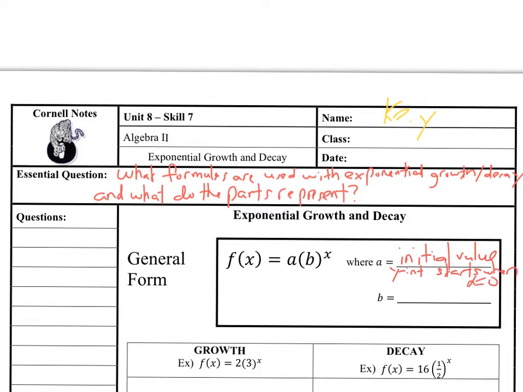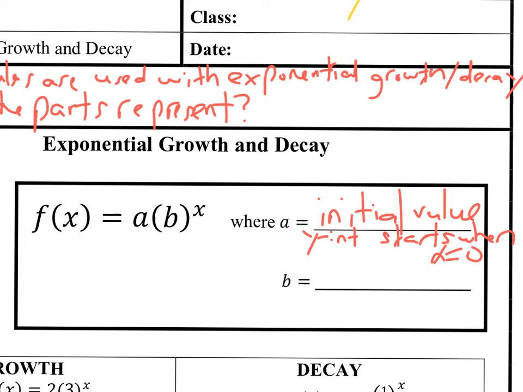Your b value, that is your growth or decay rate. Sometimes it's called the multiplier.